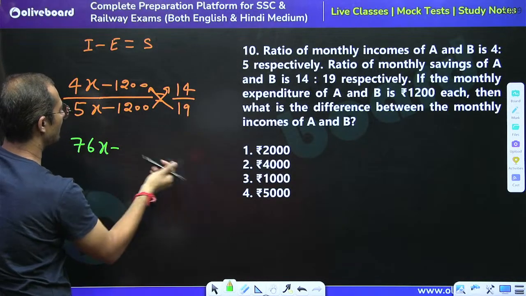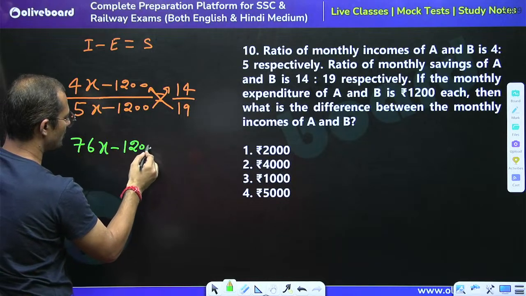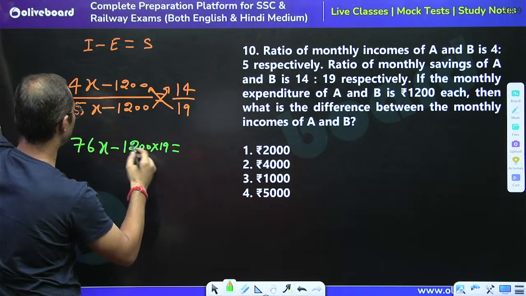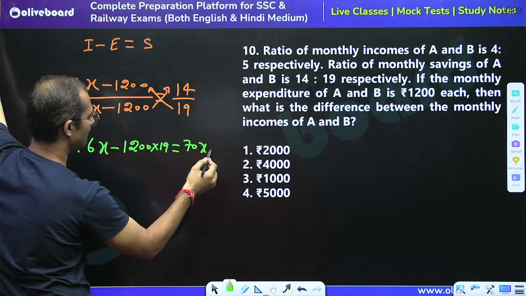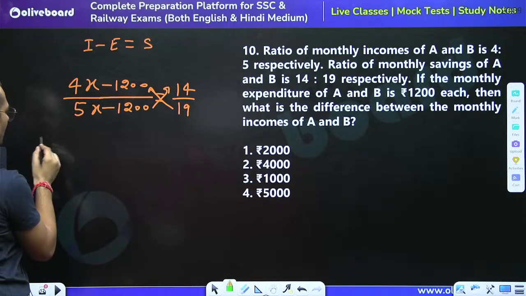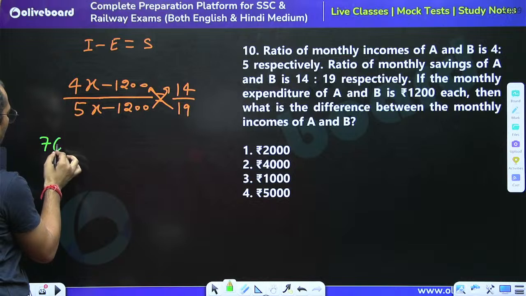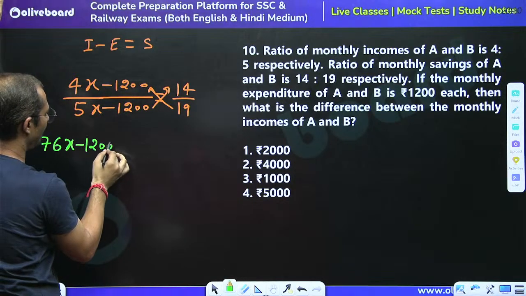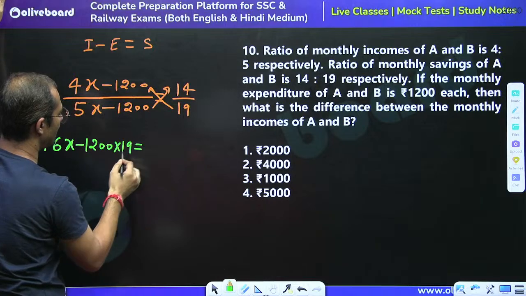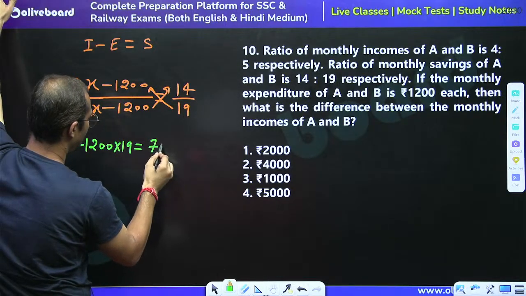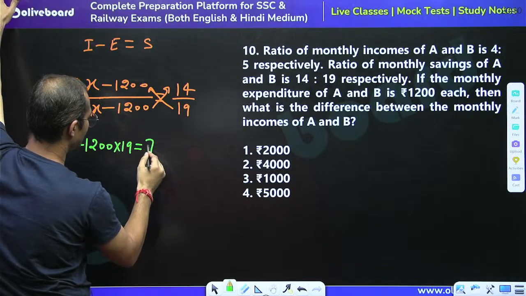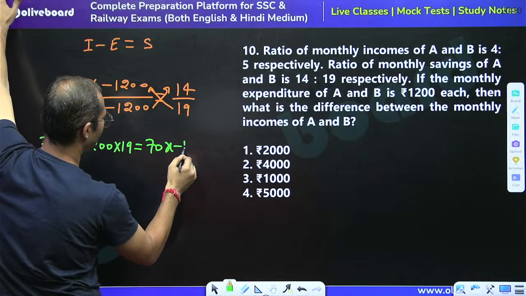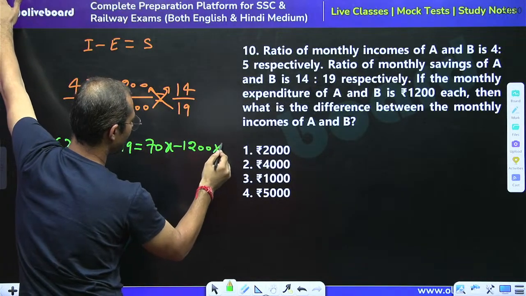Or we can say that to avoid the calculation, 1200 into 19 is equal to 19 into 4x minus... that is, 76x minus 1200 into 19 is equal to 95x minus 1200 into 4.